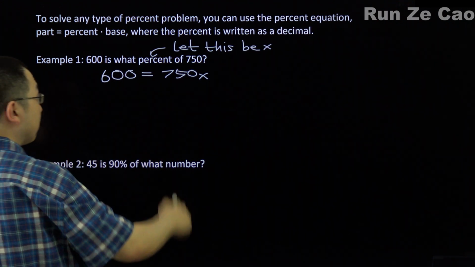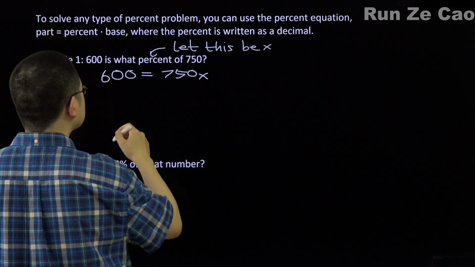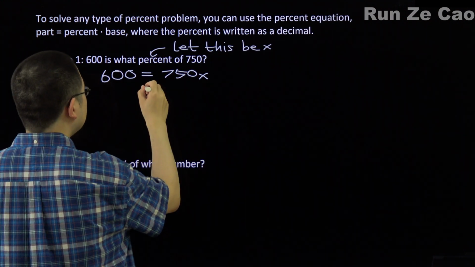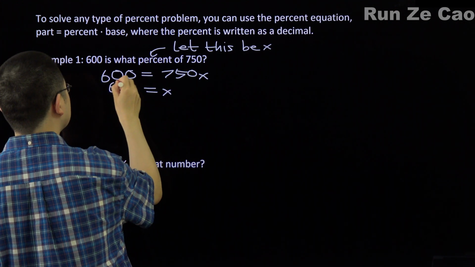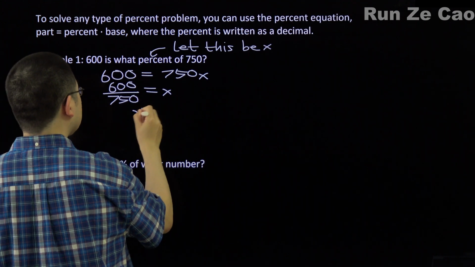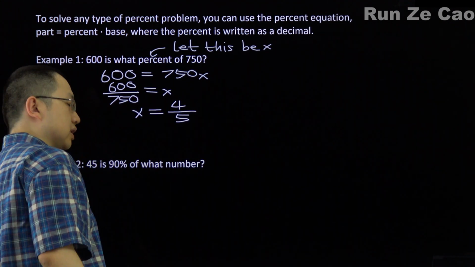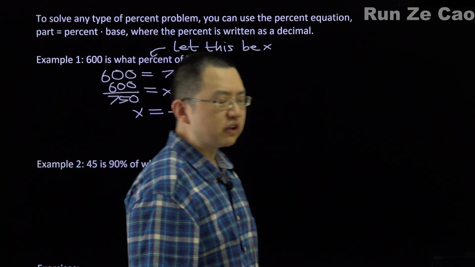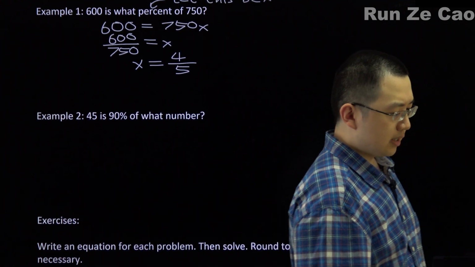So we're going with 750x. That's writing. No need for brackets. Wonderful. So x is equal to 600 over 750, and as we know, this has got to be 4 over 5 because they're multiples of 150, specifically 4 times 150 over 5 times 150.